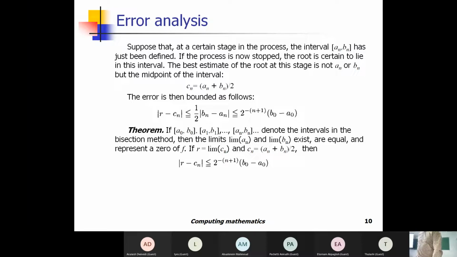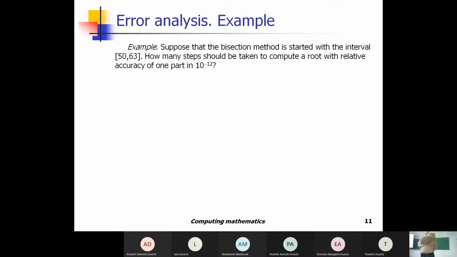Well, let's consider some examples. Suppose that the bisection method is started with the interval from 50 to 63, and how many steps should be taken to compute a root with relative error equal to 10 power minus 12?